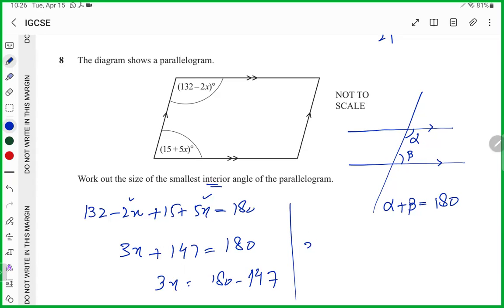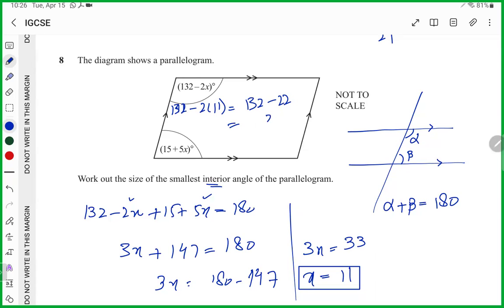That would give us 3x is equal to 33 and x is equal to 11, right? So now you put 11 here. 132 minus 22, it's going to be 110, and 15 plus 5x, 15 plus 11 fives are 55, that is equal to 70 degree.